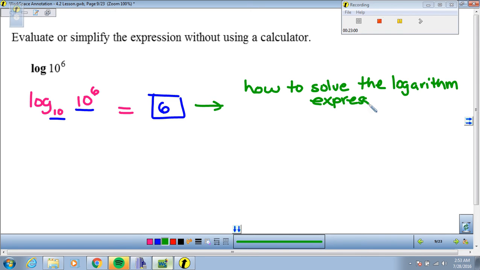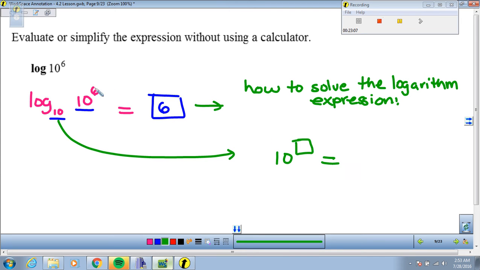We would say the base raised to something has to equal what I have on the x part. What number is going to have to be here if I want this side to equal this side? Well, it has to be the same number as this one, no? That's the reason that the answer is 6.